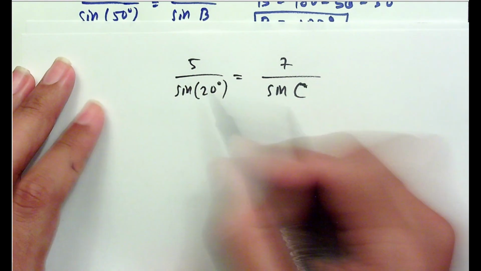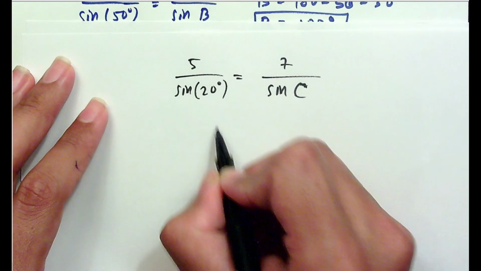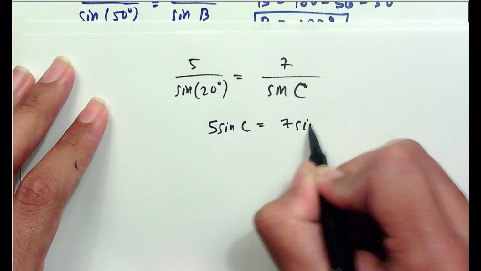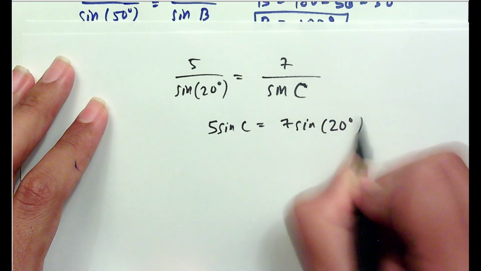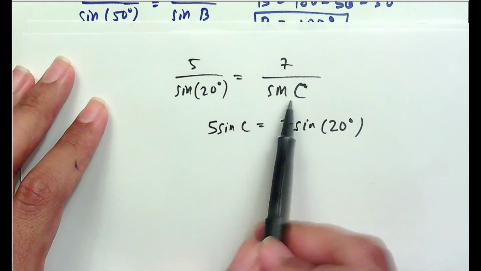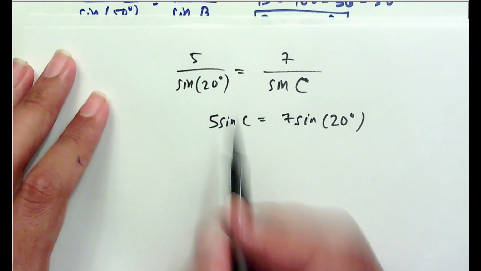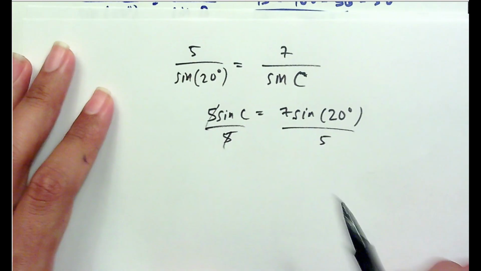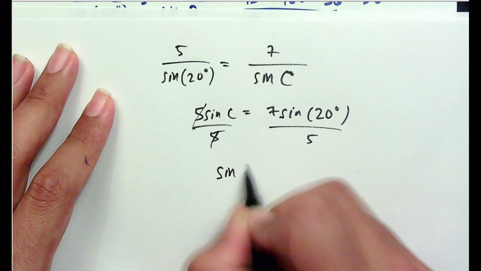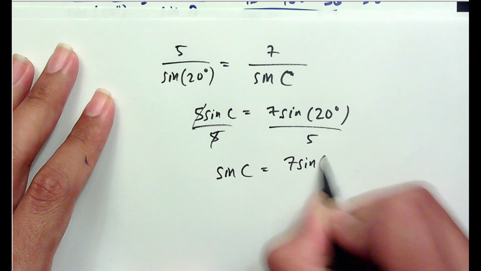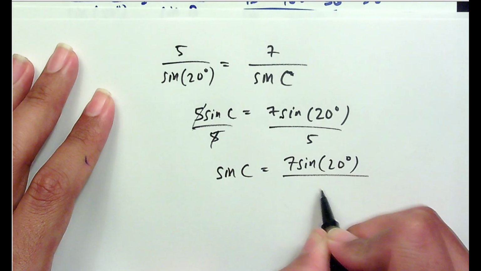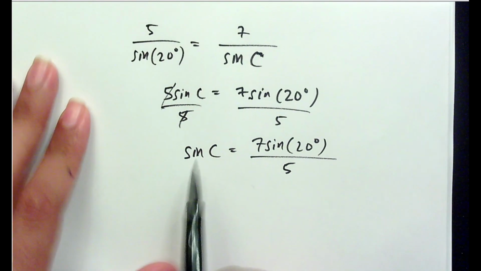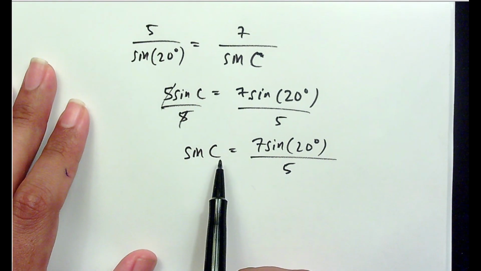So in this case, to get the c, you just cross multiply as before and then divide. So first cross multiplying, you get this: 5 times that equals 7 times that. And then you divide by 5. So that gives you sine of c. Now, what I really want to remind you is, how do you get c from here?